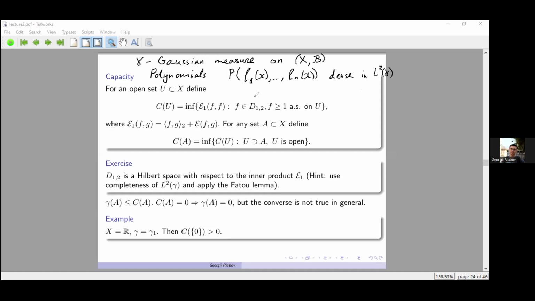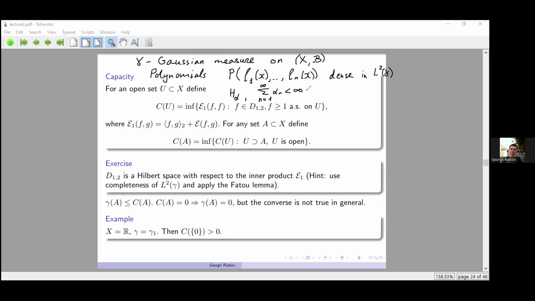Okay, we also defined special Hermite polynomials H alpha, where alpha is a multi-index such that only a finite number of indices are not equal to 0.